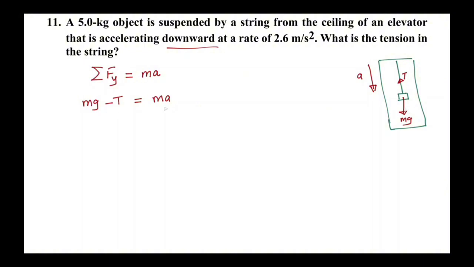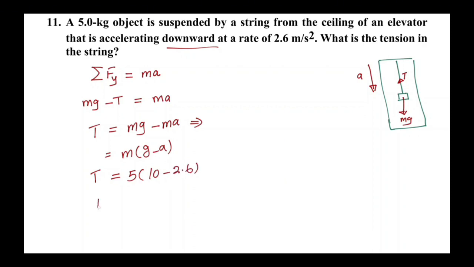So mg minus tension is equal to ma, and tension in this case is equal to mg minus ma, or m times g minus a. You substitute numbers, you'll find that T equal to 5 times 10 minus 2.6, or in other words, tension equal to 37 newtons.